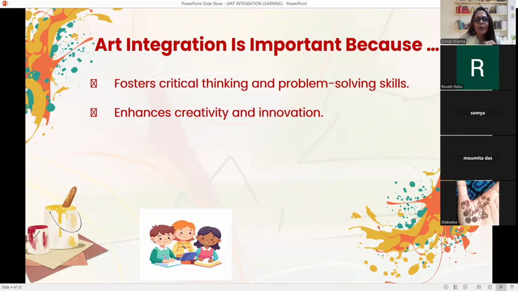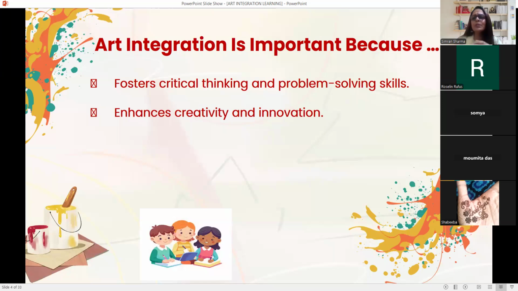It also fosters creativity and innovation. What is creativity? When we think of creativity, it is like creating something, creation. If you give students an activity, okay, fine, this is the topic, I am not going to tell you anything, you have to present it in the most innovative and creative way, they start with imagination. Which method should I apply?